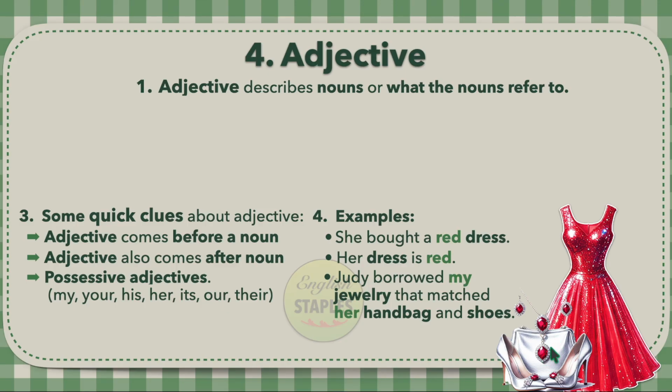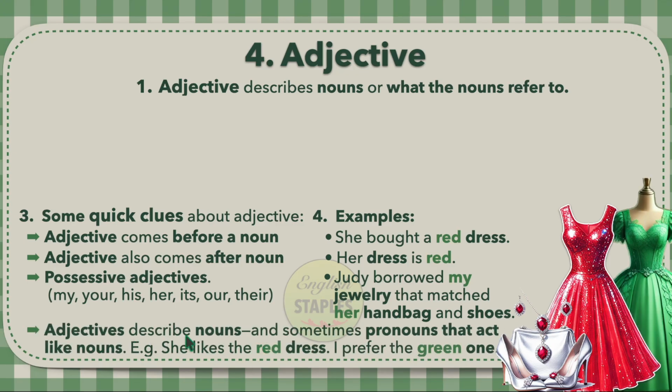This is Judy's handbag, and these are her shoes. But she borrowed my jewelry, my necklace, and my earrings. What's the adjective here? It's possessive, my. My jewelry. It belongs to me. And her handbag and shoes. Her. So those are possessive adjectives. They come right before the noun.